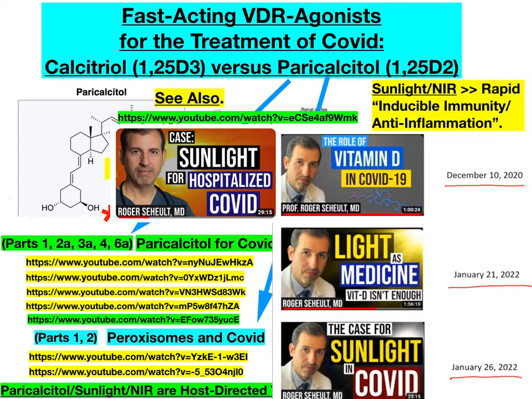Sunlight and near-infrared radiation can produce rapid inducible immunity and rapid inducible anti-inflammation.